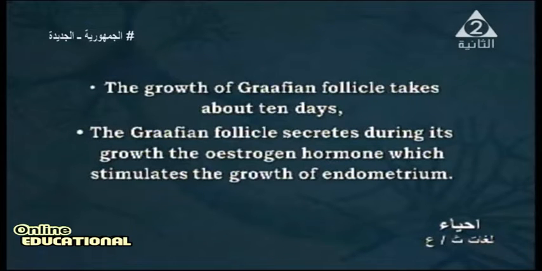The growth of the Graafian follicle takes 10 days, the first 10 days of the 28-day menstrual cycle. After that, the Graafian follicle secretes estrogen hormone during its growth, which stimulates the growth of the endometrium.